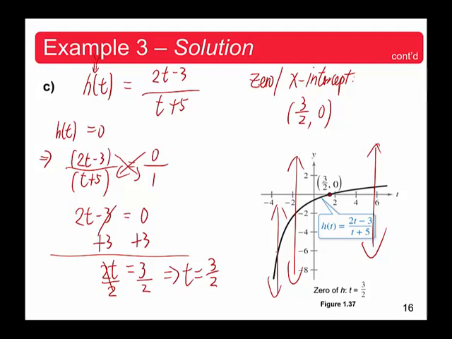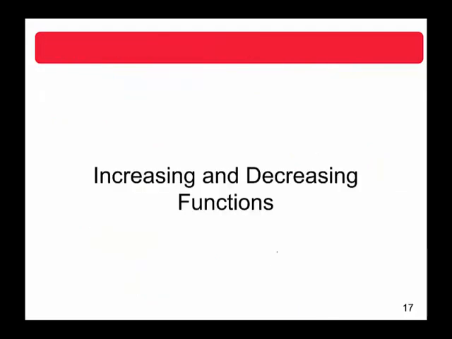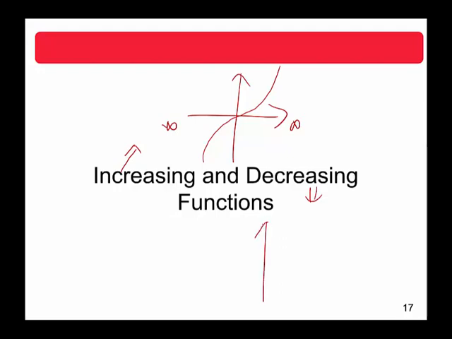Okay. Now let's continue to the increasing and decreasing functions. So typically, if your function is increasing, it will look like this. This is increasing all the way from negative infinity to infinity. Another example could be decreasing all the way.